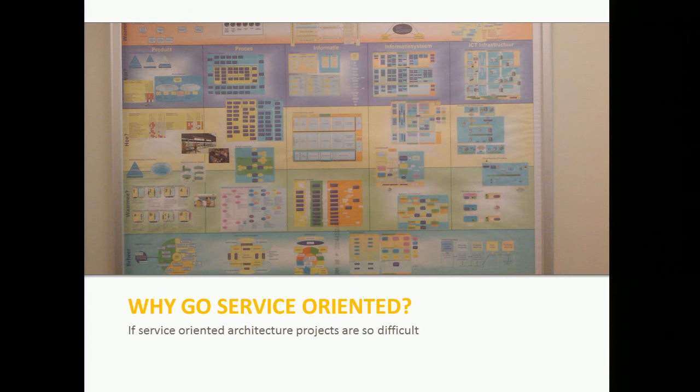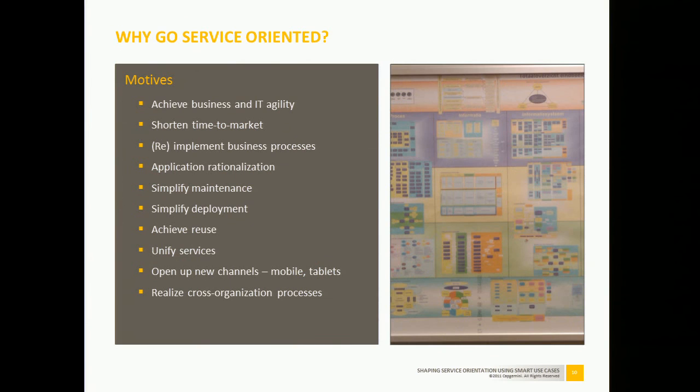That's why people go to service orientation. Why? First of all, it should allow you to take the services you have in your landscape and reuse them. For instance, if there's a service to get the subscription for some customer out of SAP CRM, it might be reused in a number of different business processes.